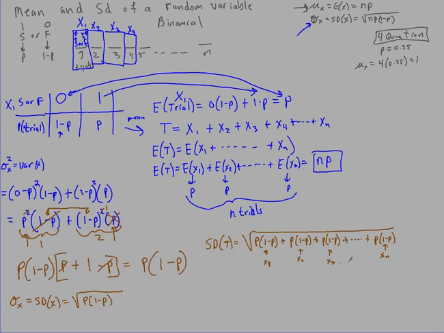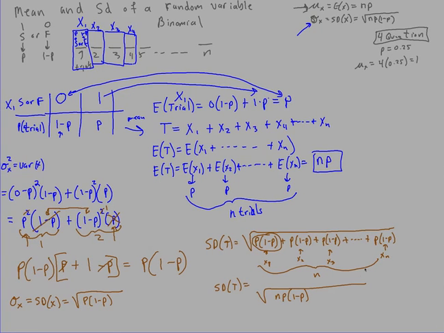So how many variances do we have? Okay. So the standard deviation of T, we have n of those. So it's going to be the square root of n of these guys. So it'd be n p (1 minus p). So that's how you get this.